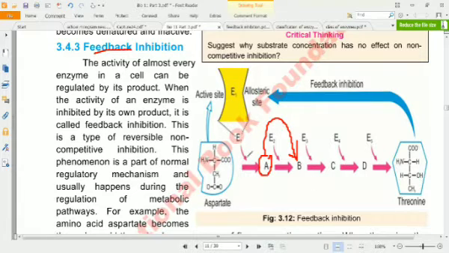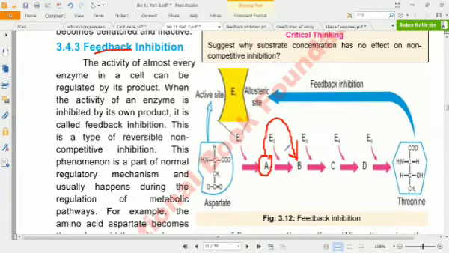Enzyme E1 acts on aspartate and changes it into aspartokinase.